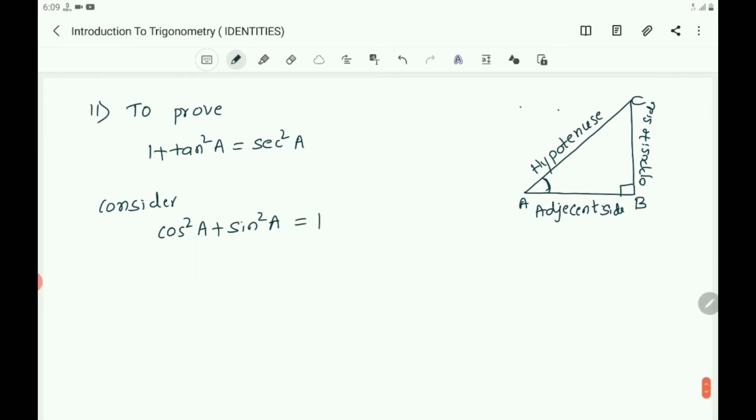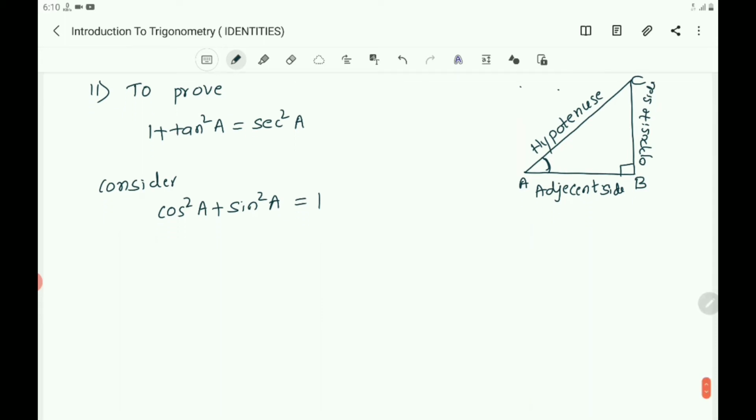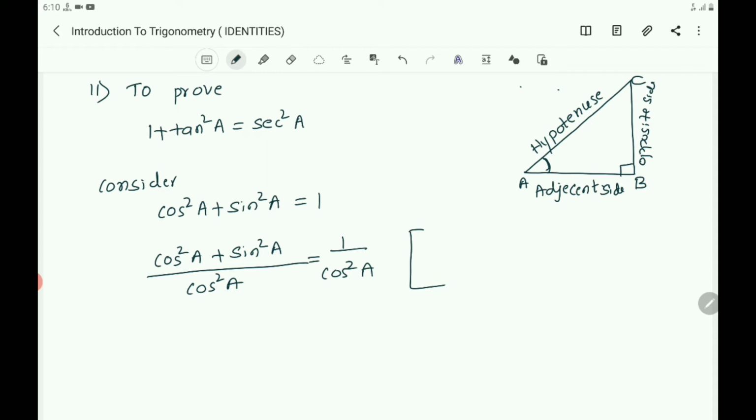Now here you divide both LHS and RHS by cos square A. So then it becomes cos square A plus sin square A whole divided by cos square A equals 1 by cos square A. Here what you have done?